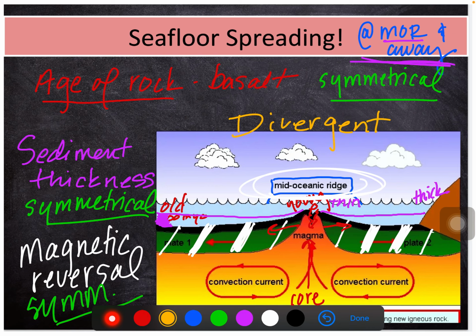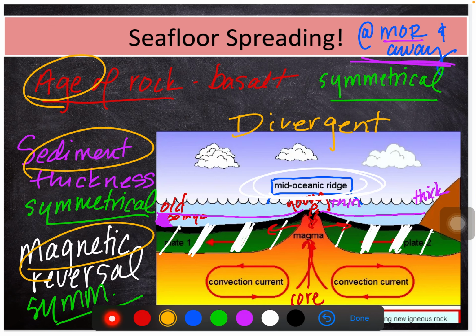And so we see this data pattern of age, sediment thickness, and magnetic reversals the same on both sides because everything is originating from right here at the ridge. And it's doing that because of that ridge push force we're seeing underneath the Earth moving the crust on top.